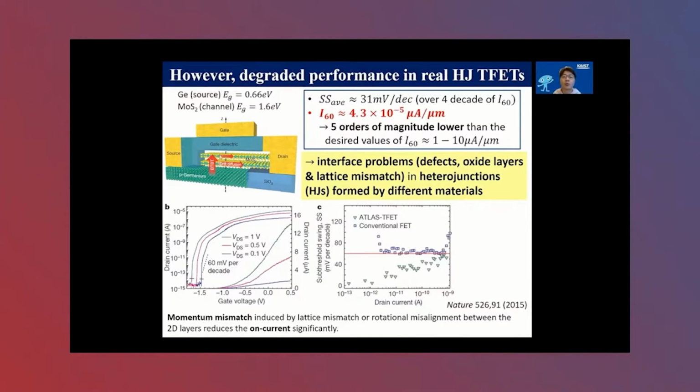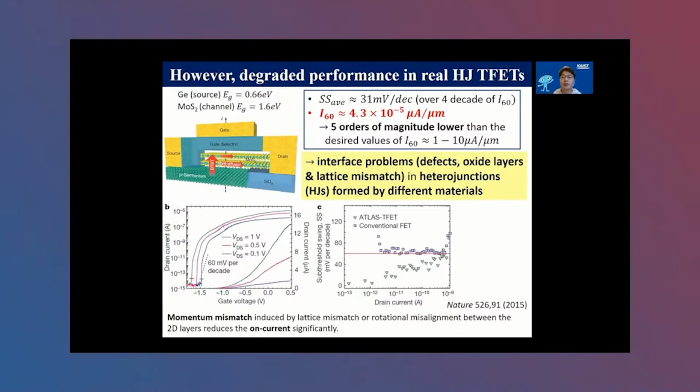So why does this happen? This happens because of the interface problem between the two materials consisting of the heterojunction. At the interface, in this device, the oxide layer basically increases the resistance so that the on current is very, very small.